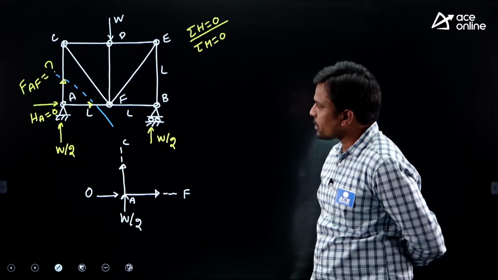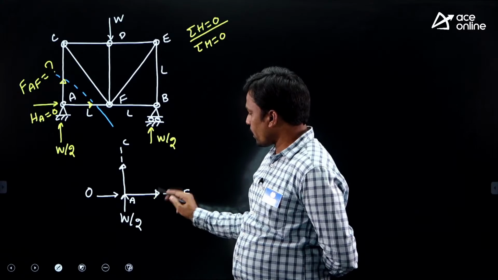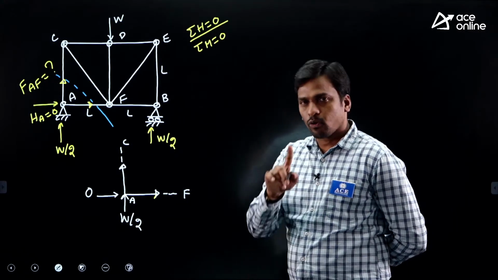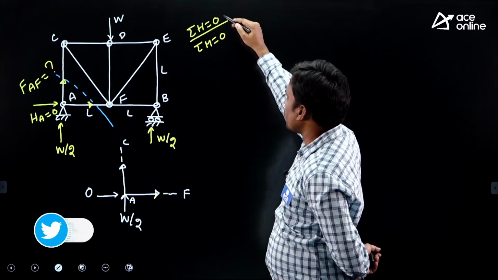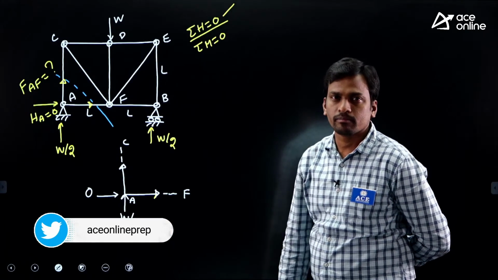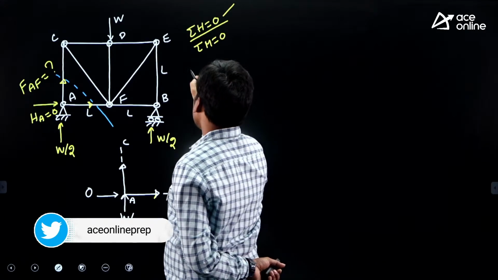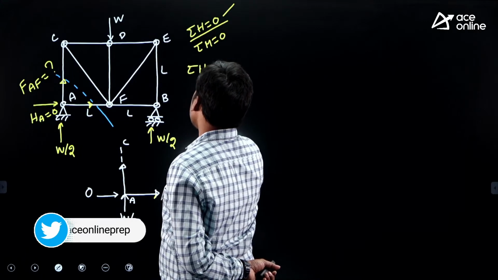Only one horizontal cut member is there. If only one horizontal cut member is there, then is sigma H possible? Yes, it is possible. Then use sigma H equals 0.